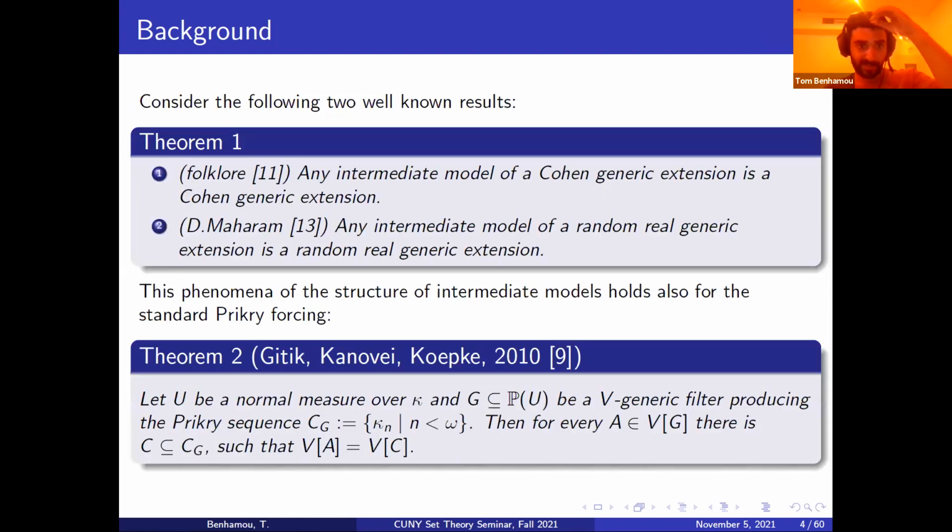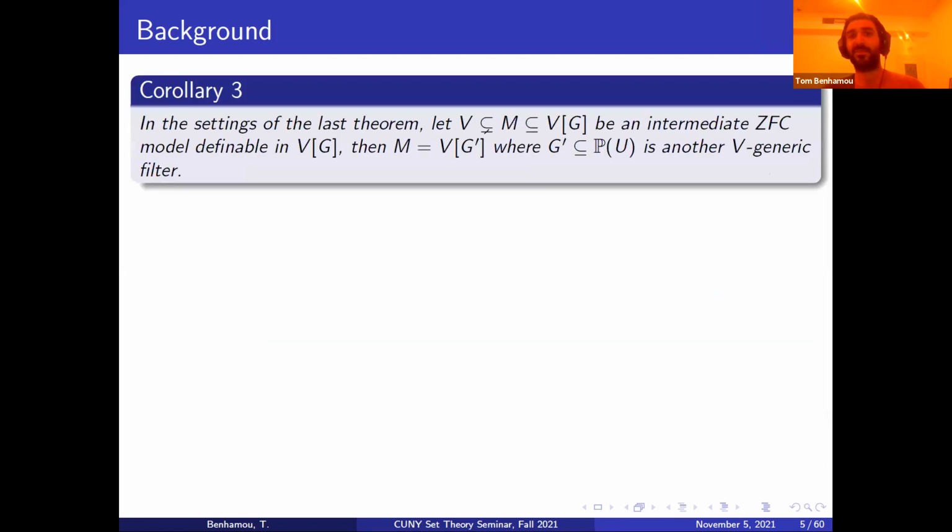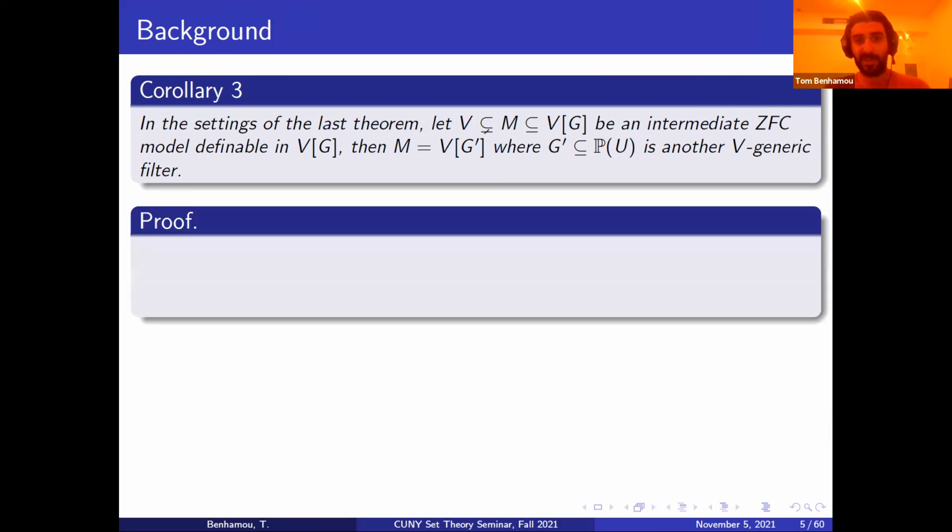Okay, so let me explain how from this theorem we can conclude what the intermediate models of the Prikry forcing are. So this is a corollary. In the setting of the last theorem, take any M which is intermediate to the ground model V and the generic extension V[G], a ZFC model definable in V[G]. Then M is also a generic extension of V by a V-generic filter G' of the same Prikry forcing. The proof is quite short.